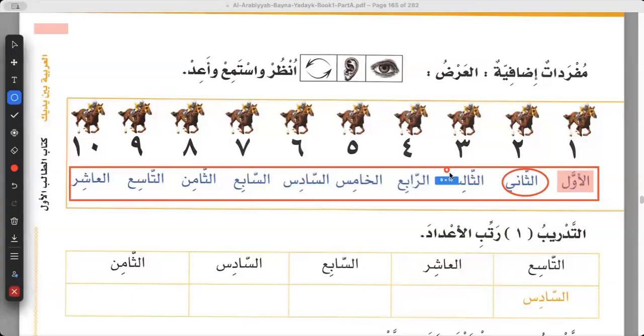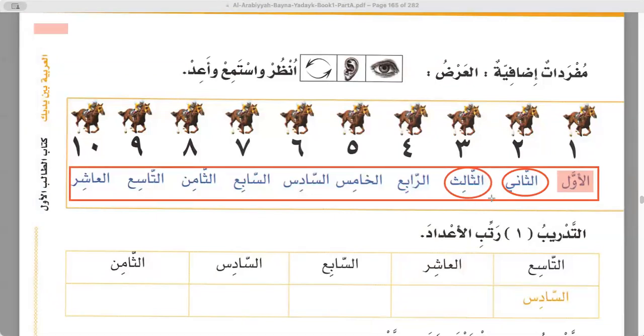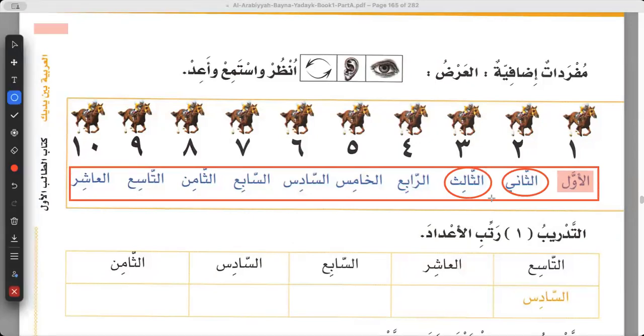You answered it correctly, that thalatha is feminine. I said, what is the masculine? Thalath.